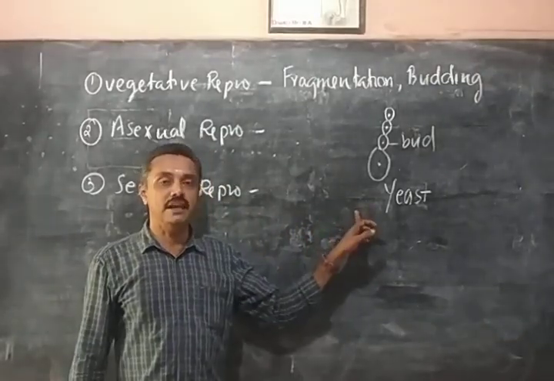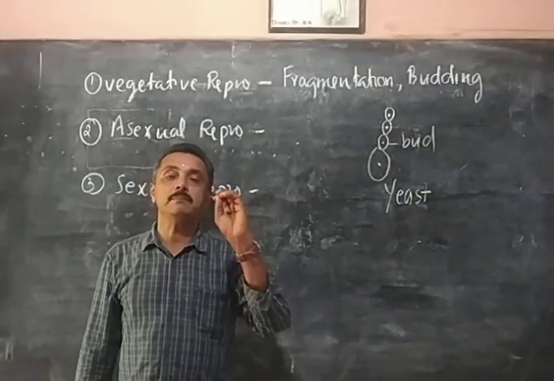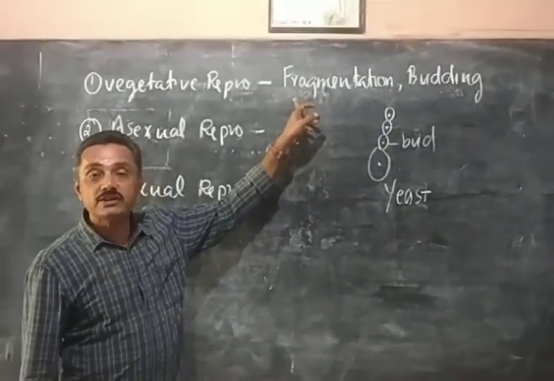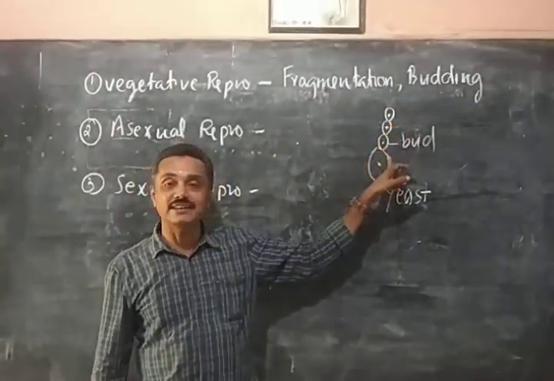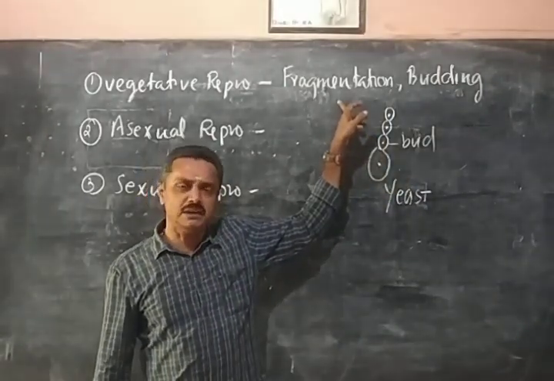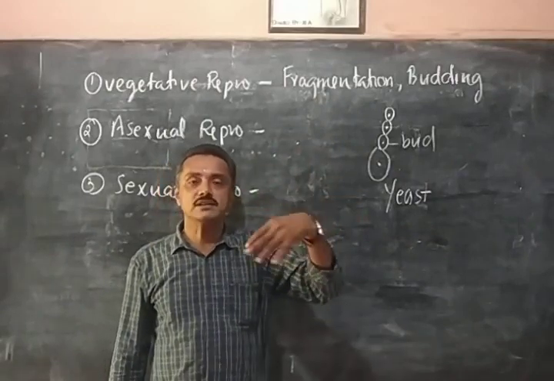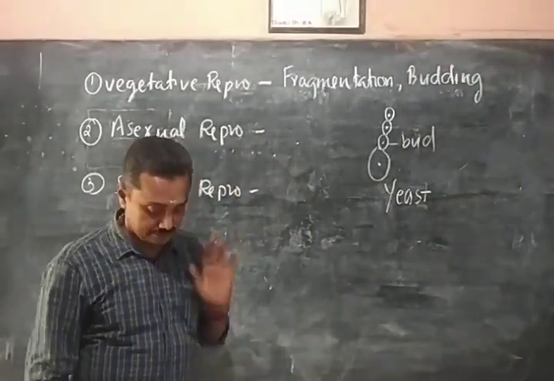So this simple method of vegetative reproduction takes place by two methods: cutting into pieces, called fragmentation, and bud formation in yeast, called budding. These multiply very speedily when conditions are favorable.